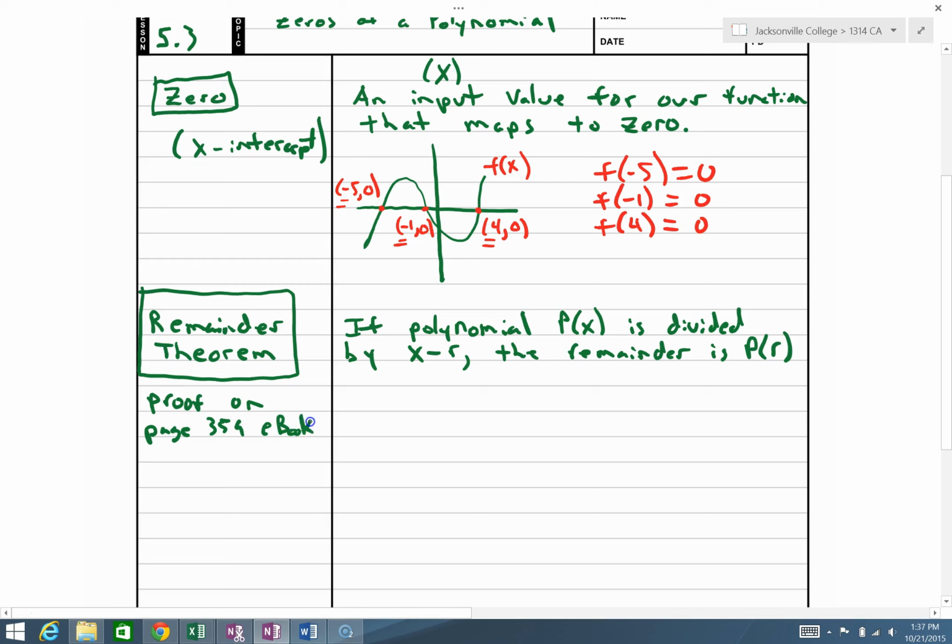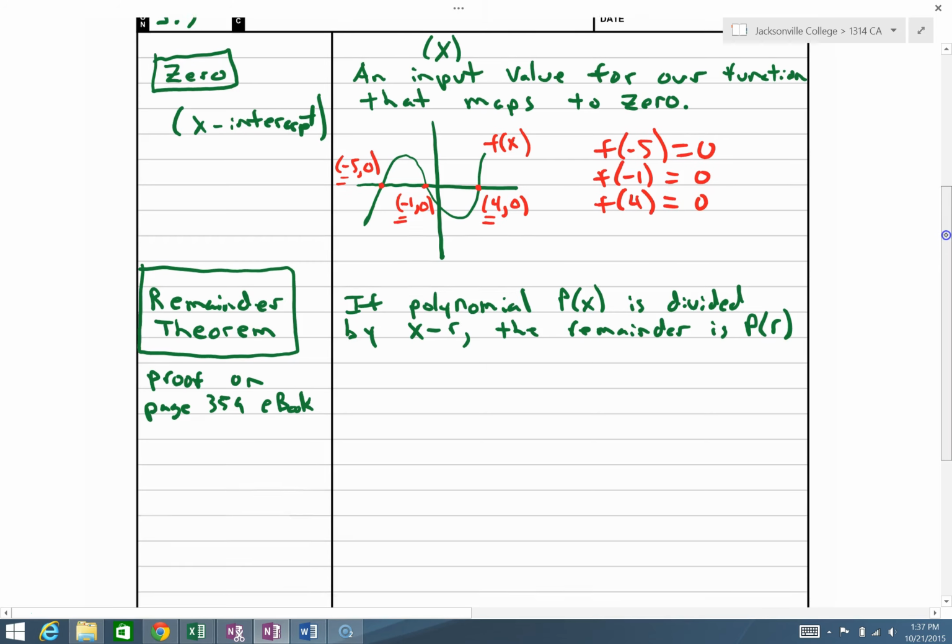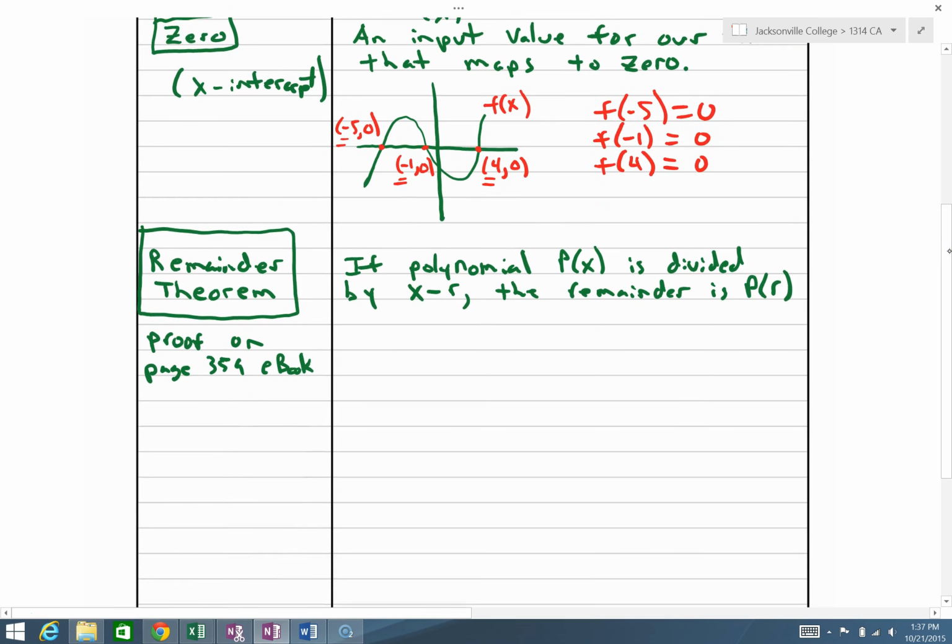It's the first page of this 5.3, but I'm going to show a concrete example that may help clarify this. Let's say that our polynomial p of x is x squared minus 4x plus 5, and we're going to divide that by the factor x minus 2.